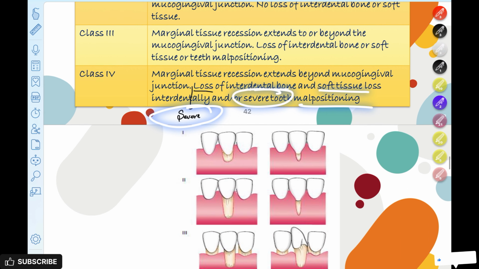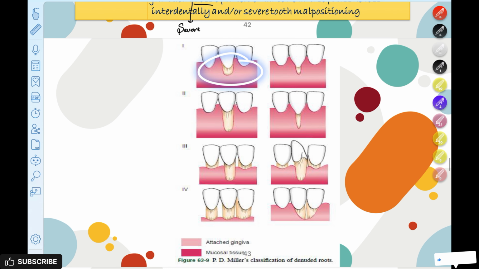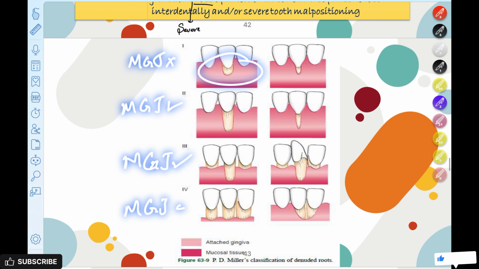This is Miller's classification. As you can see, here it is not extending to the mucogingival junction. Here it is extending to the mucogingival junction. Here also it is extending to the mucogingival junction, but in this case there is no soft tissue loss. In this case also, there is no soft tissue loss. In this case, soft tissue or bone loss is there.